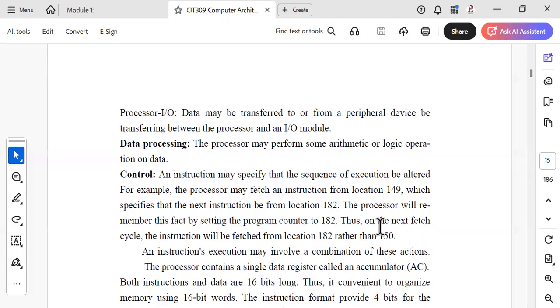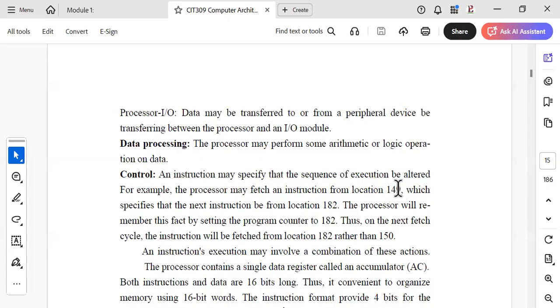Thus, on the next fetch cycle, the instruction will be fetched from location 182 rather than 150. I hope you understand the aspect of control now. If there was no control, the computer would just continue fetching instructions serially. After 149, it will go to 150.